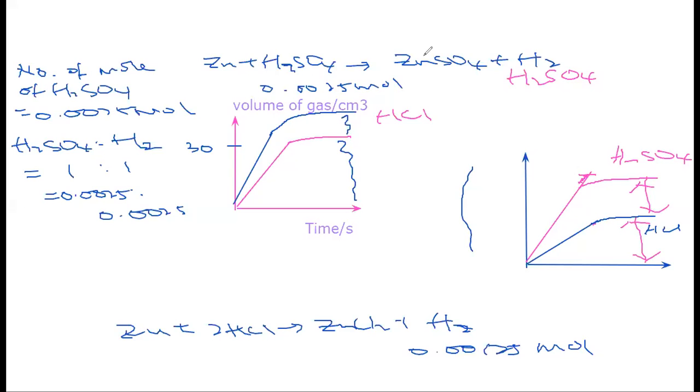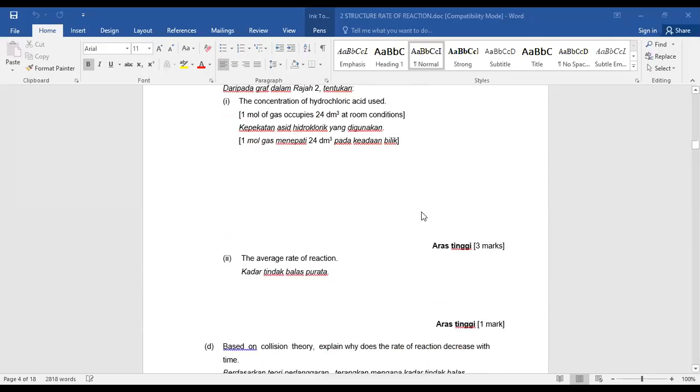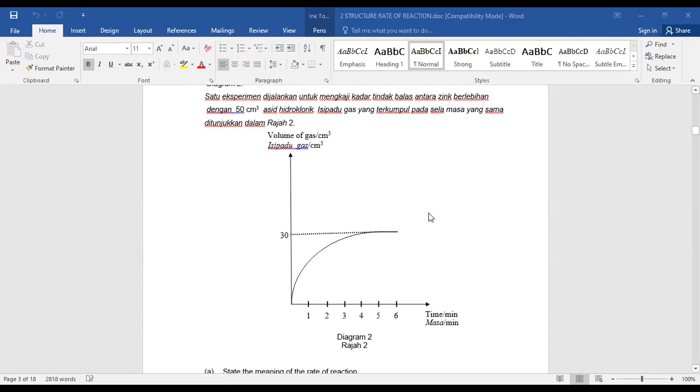Okay, now go back to our question just now. This is our question. If they ask you to plot on the graph, meaning this is the graph, where will it be? Your line will be up here. The blue one will still start from the origin.